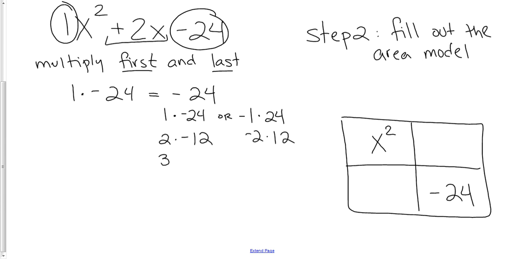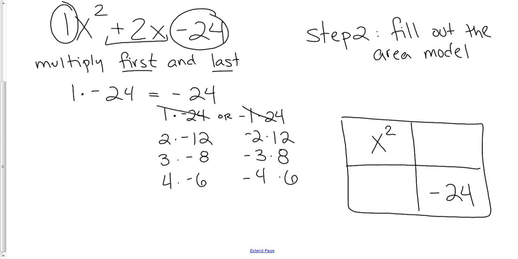We could have 3 and negative 8, or negative 3 and positive 8, or 4 and negative 6, or negative 4 and positive 6. So you actually have 8 different combinations here. Which of these adds to give us positive 2?